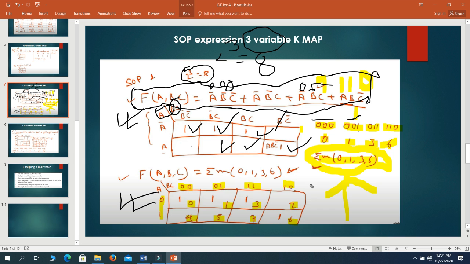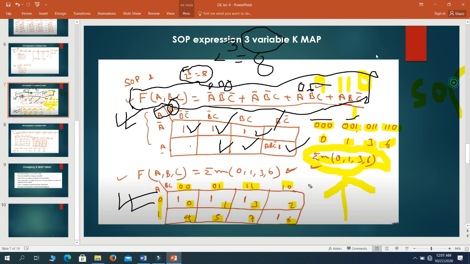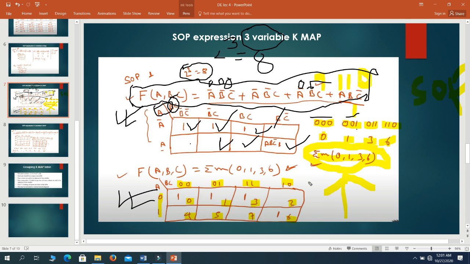We need to fill up these spaces with ones, because we are interested in SOP, sum of products. In this specific example, we are solving it for sum of products. That's why the min term cells should be replaced with ones.